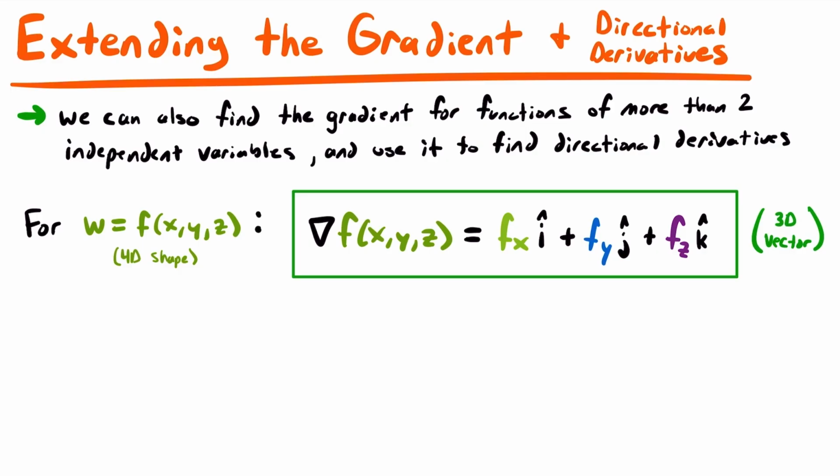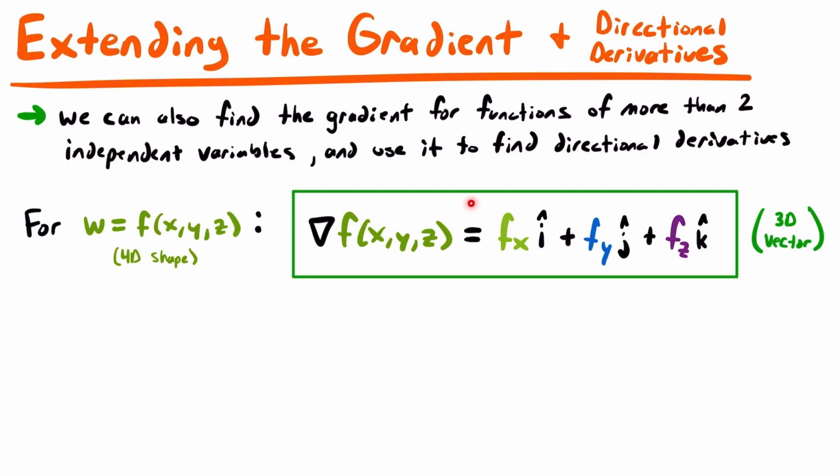Really, the only difference between this gradient vector and what we've worked with before is that there is an additional z component, and that z component is the partial derivative of the function with respect to z, that third independent variable. Okay, so if you had a function of 4 independent variables, you would add another component that would involve the partial derivative with respect to that fourth independent variable, and then of course it would be multiplied by whatever standard unit vector that you would use for that fourth dimension. All right, so that's how you would extend for more independent variables.